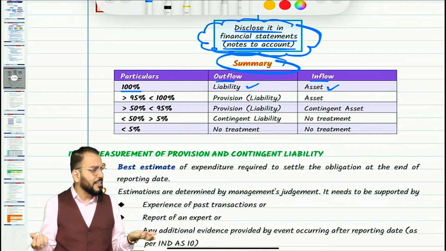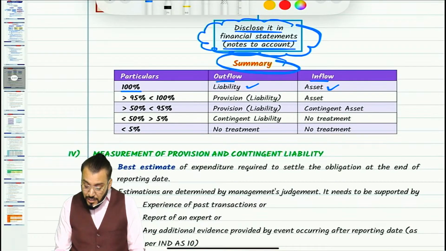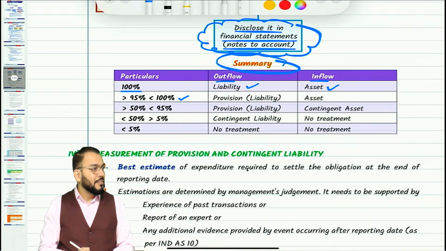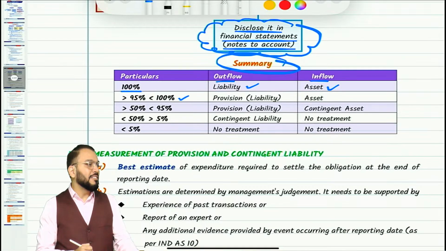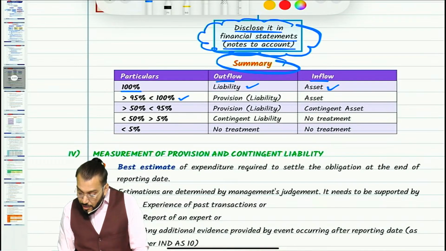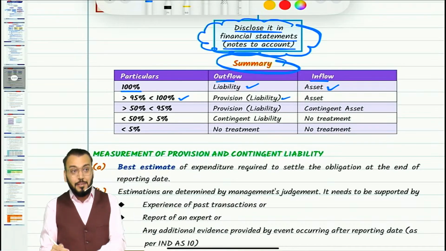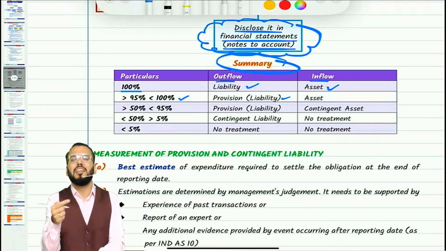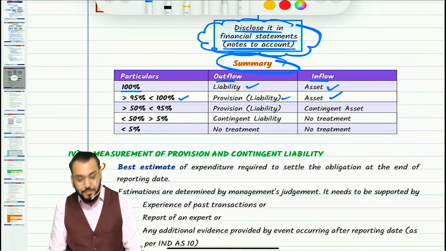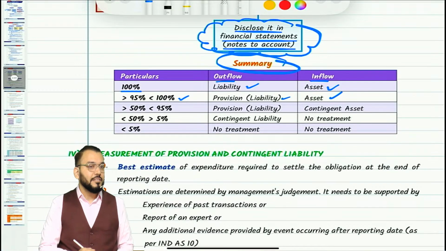When outflow is virtually certain, as per definition it becomes a provision, and it is nothing but a liability only. It was a liability only, but we have given one name, provision, because estimation is required. But in the case of inflow, it is an asset. Have you understood?